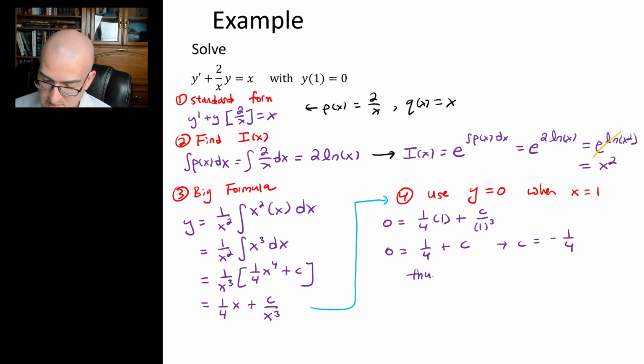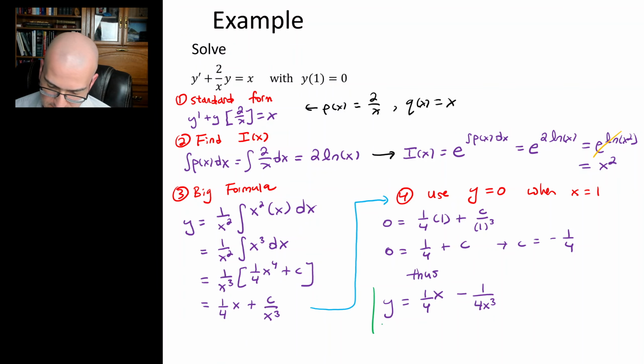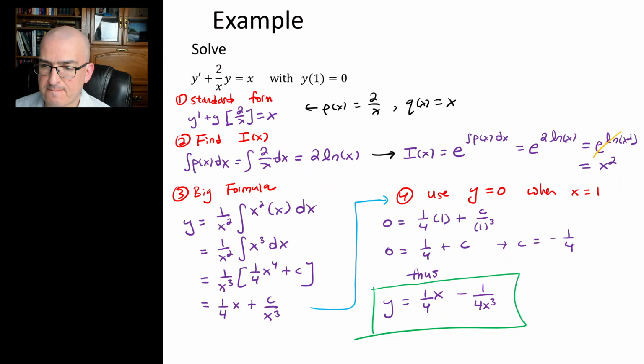Thus, y is equal to 1 over 4x minus 1 over 4x cubed. Well, there's a mistake.